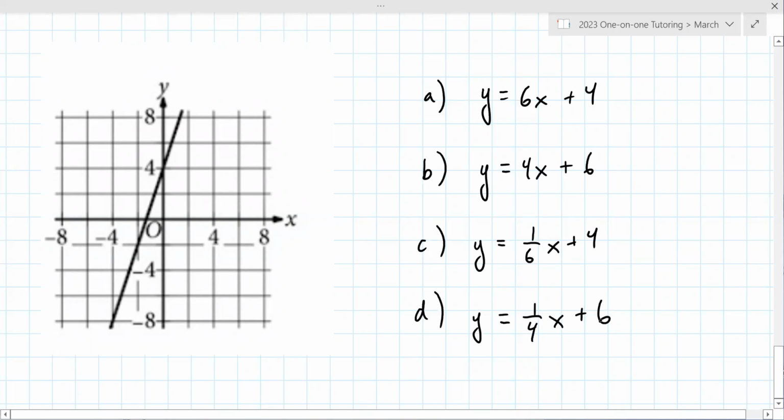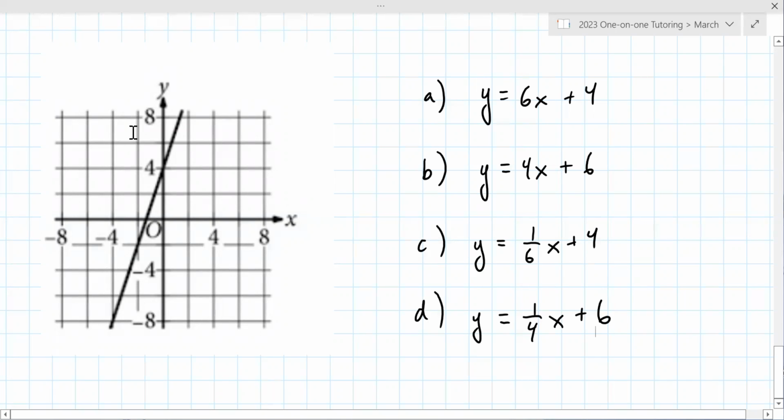Take a look at these answers here. Do you see that they have 2 of the same b values? Like one of them has a b value of 4, one of them has a b value of 6, a b value of 4, and a b value of 6.